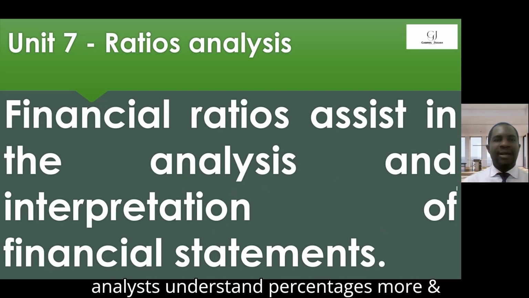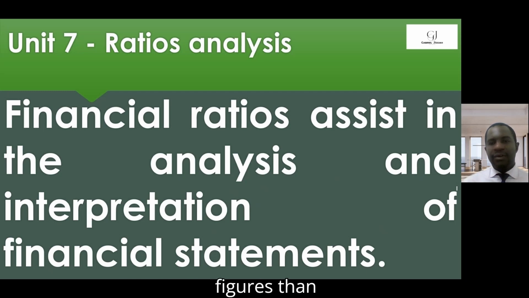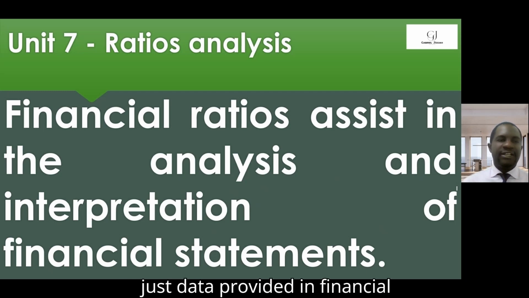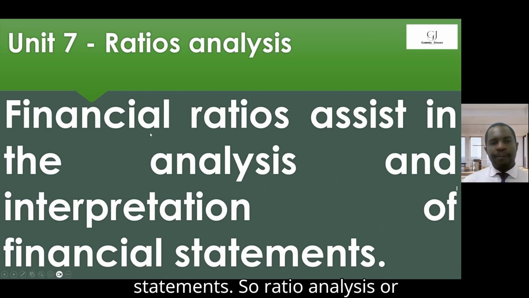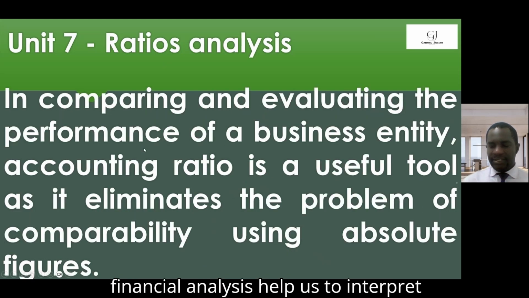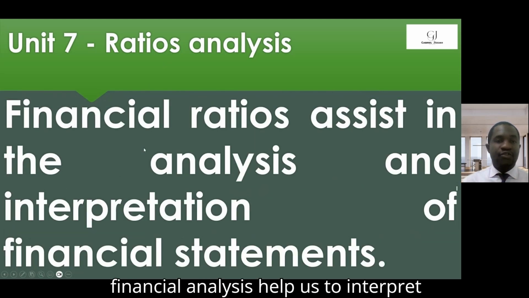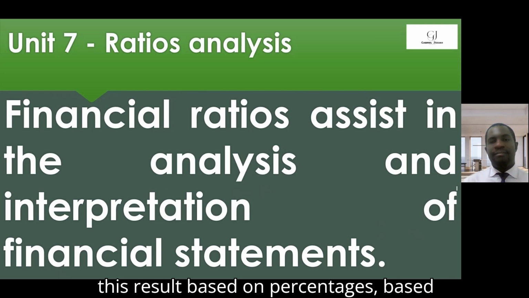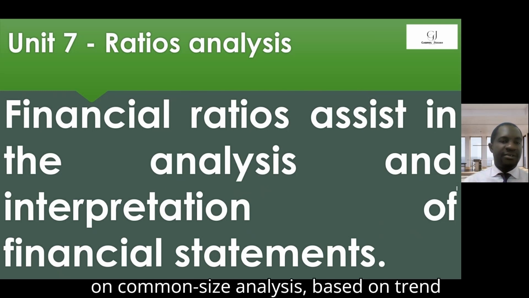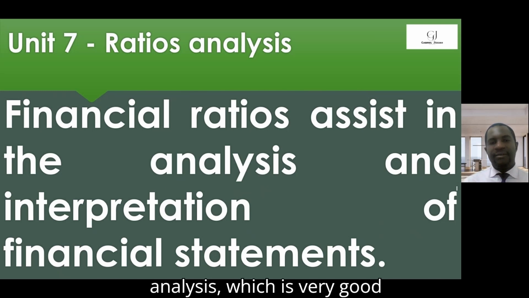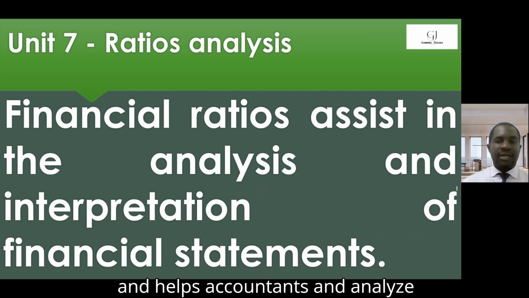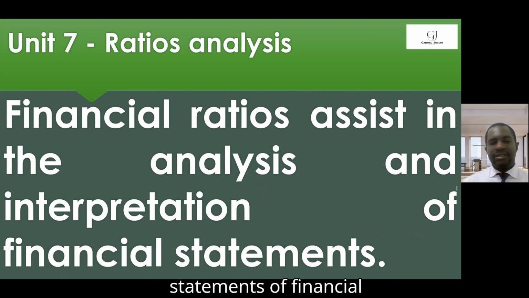Some analysts understand percentages more than just figures and data provided in financial statements. So ratio analysis or financial analysis helps us to interpret results based on percentages, based on common size analysis, based on trend analysis, which is very good and helps accountants analyze statements of financial publications very expressly.